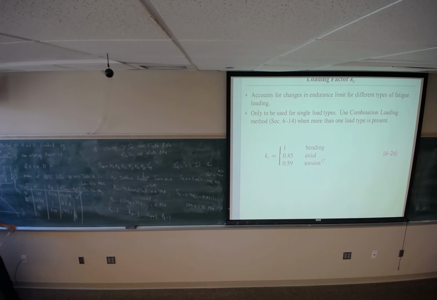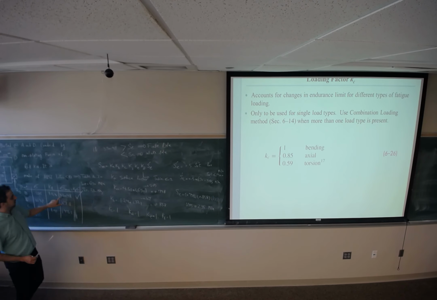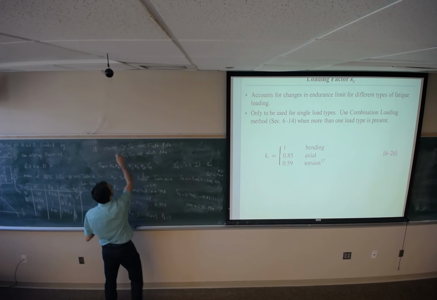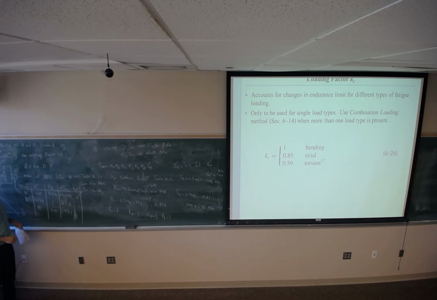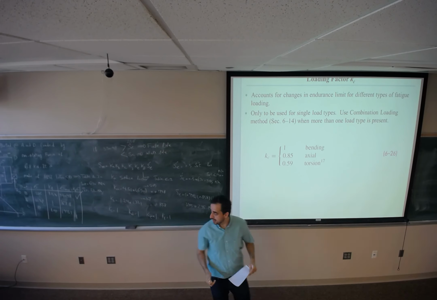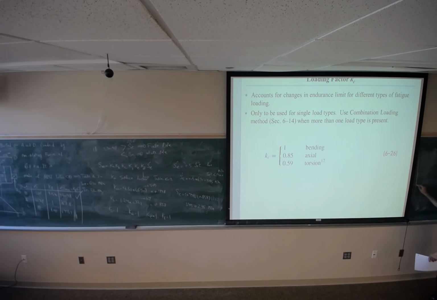What was the stress? 330. 330 is greater than 236. You have finite life. So if you remember, for the SN curve for ductile material, SE is 236.